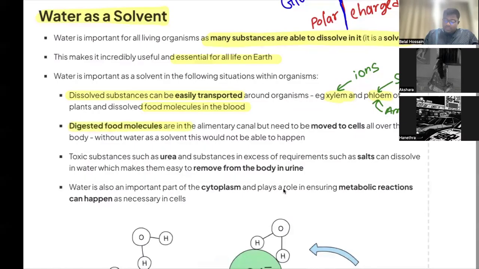Digested food molecules are in the alimentary canal, but need to be moved to cells all over the body. Without water as a solvent, this would not happen.